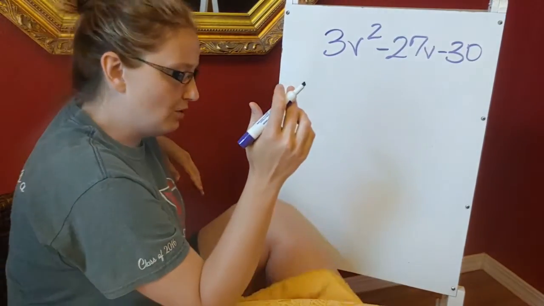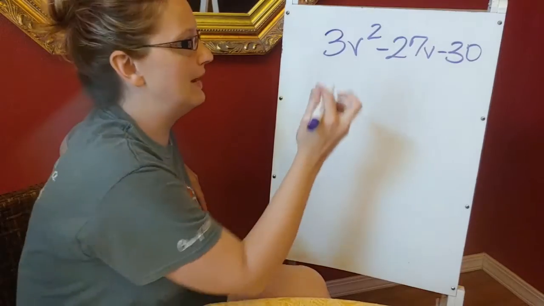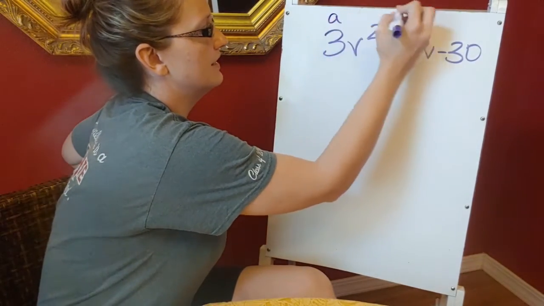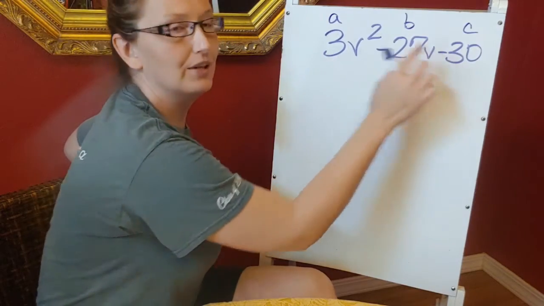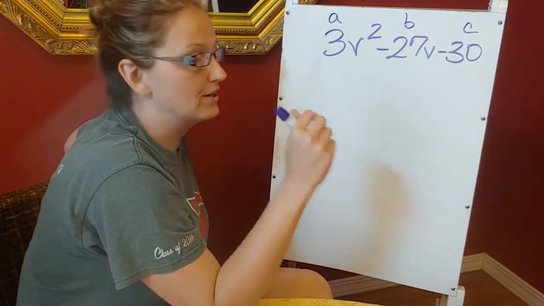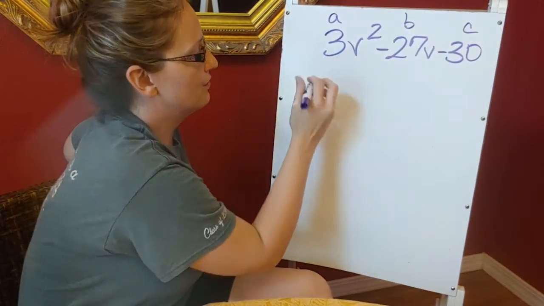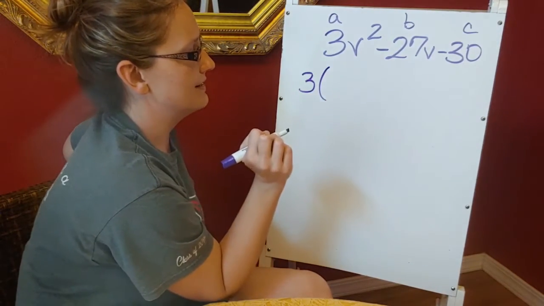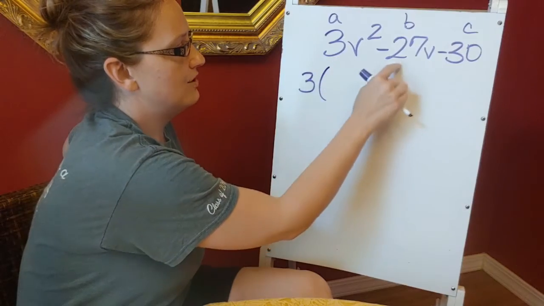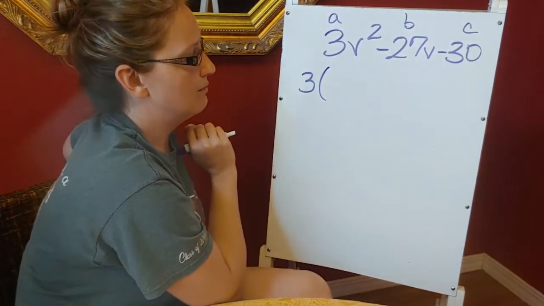Now, I know all of these terms are divisible by 3. We're still using these as A, B, and C, but I can factor a 3 out of each one of those terms. If I factor a 3 out, remember I'm going to put that outside my parentheses, and I'm going to take each of these terms and divide them by 3.